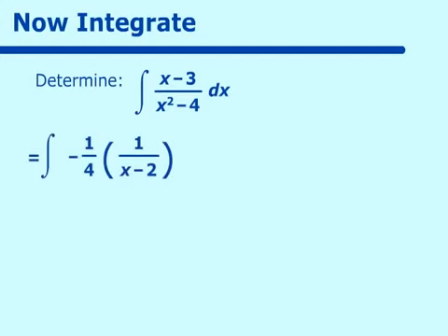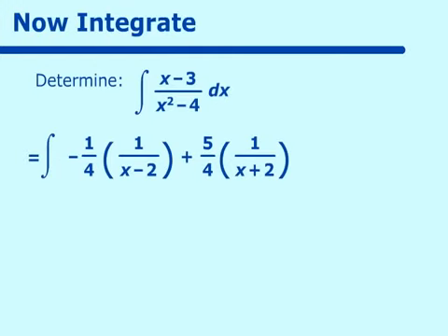Now let's integrate this. We have the problem, integrate x minus 3 over x squared minus 4 dx. We can set this up into our partial fractions, which means we want the integral of negative 1/4 times 1 over x minus 2, and you'll see I'm writing this a little bit differently, plus 5/4 times 1 over x plus 2.